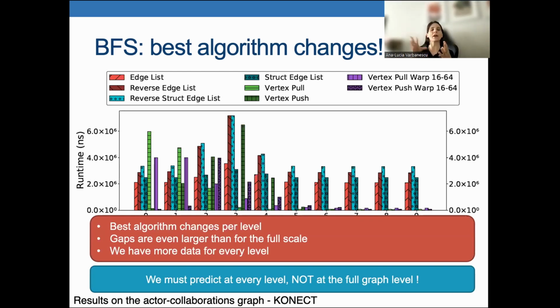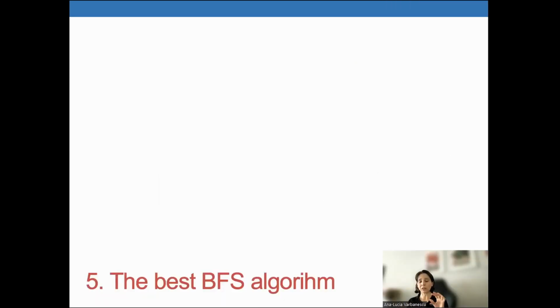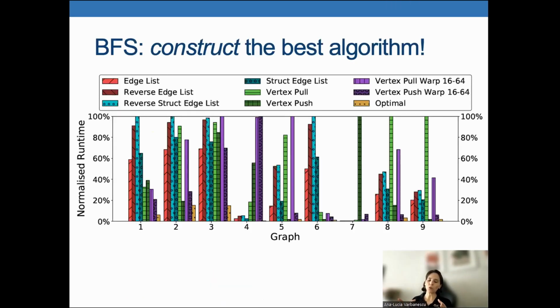We could not find an easy way to combine, but at every level, we could predict what would be the best algorithm for that level. That still doesn't mean that we can select the best possible algorithm overall for the entire graph, but instead it means we can actually construct the best possible algorithm.